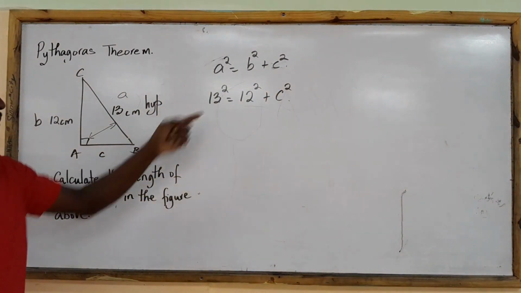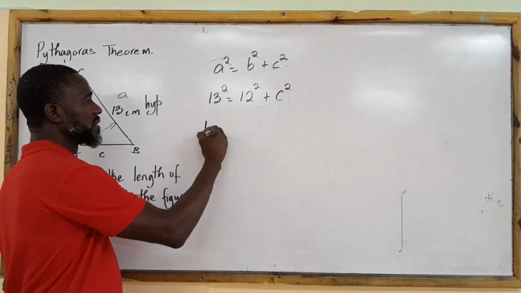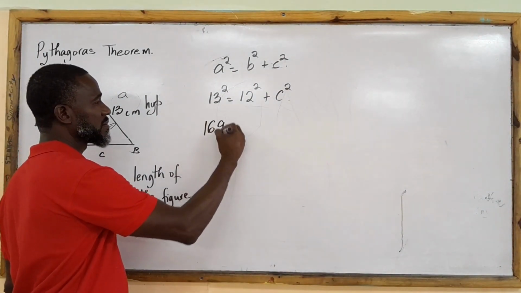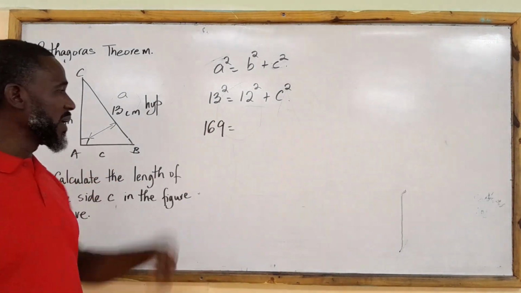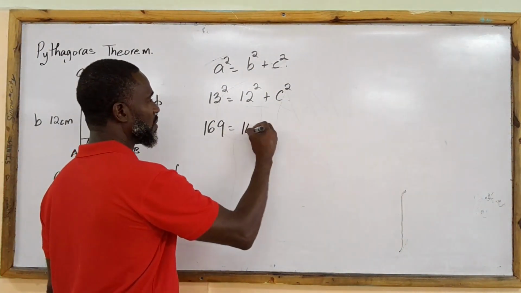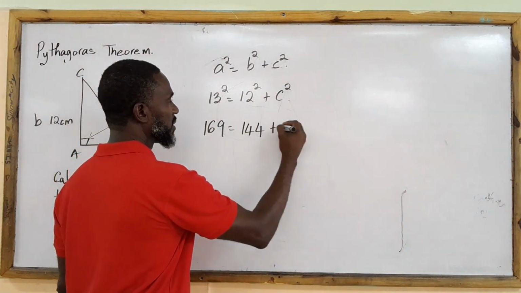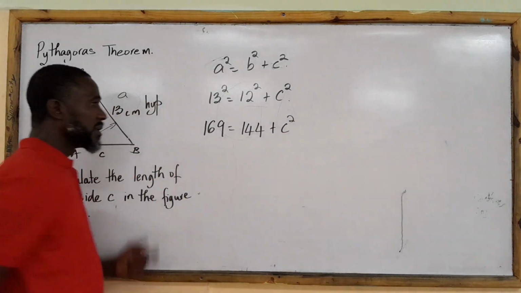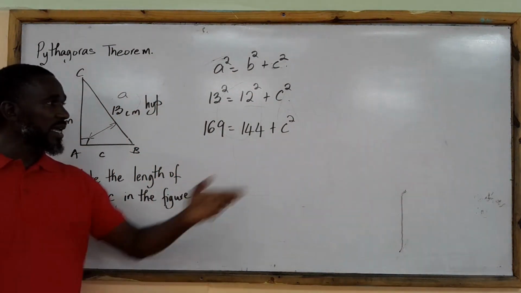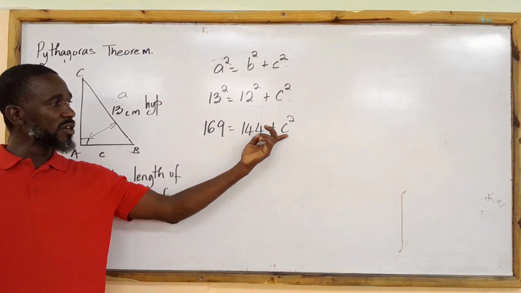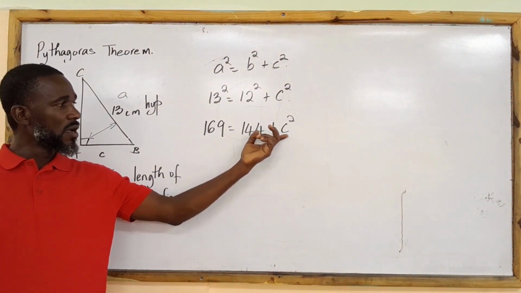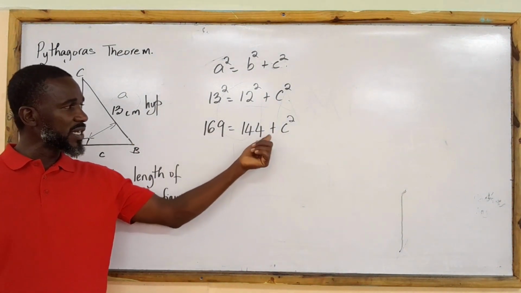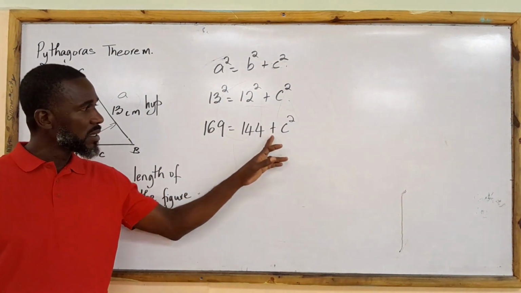We know 13 squared is equal to 169, is equal to 12 squared, which is 144, plus C squared. So now we are to make C the subject of the formula. What operation is this? We are adding.